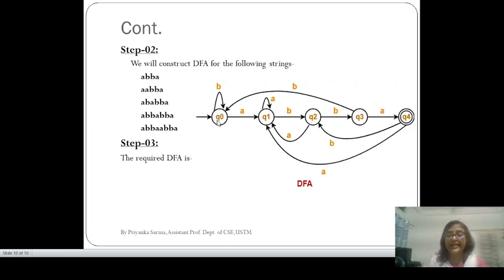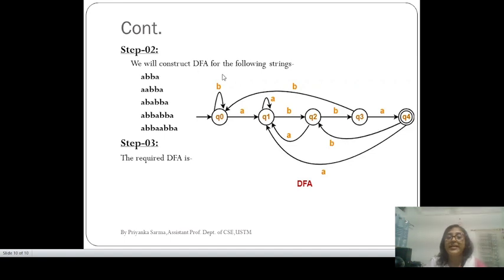Q0 can accept input A and move to its next state Q1. Next symbol we need is B, so Q1 can accept B and move to its next state Q2.